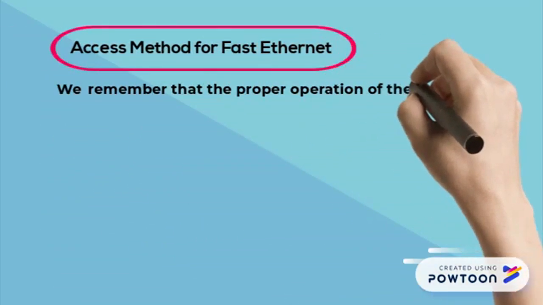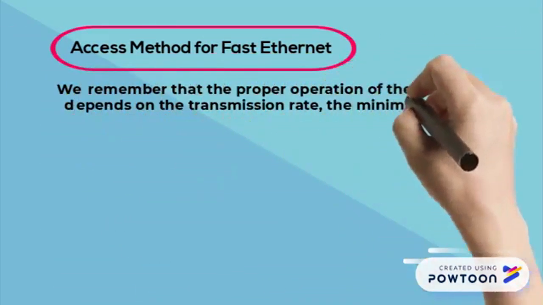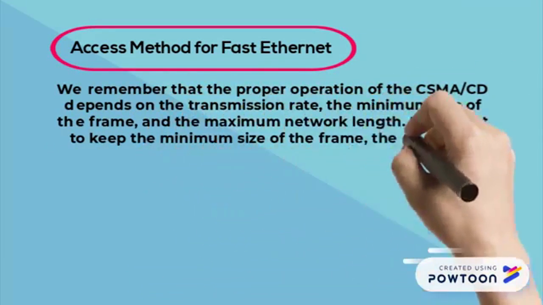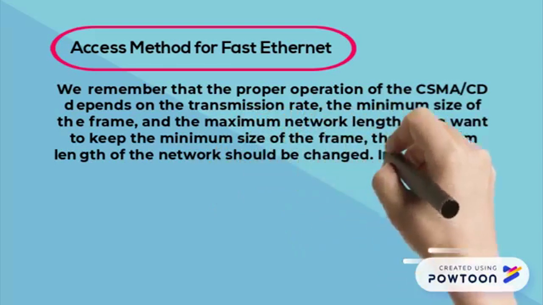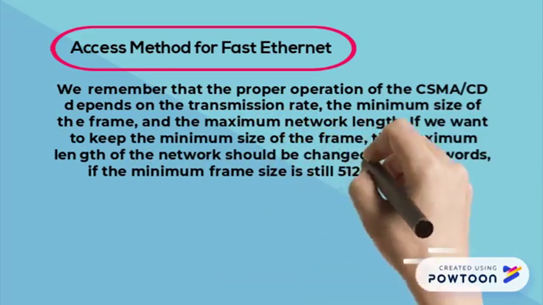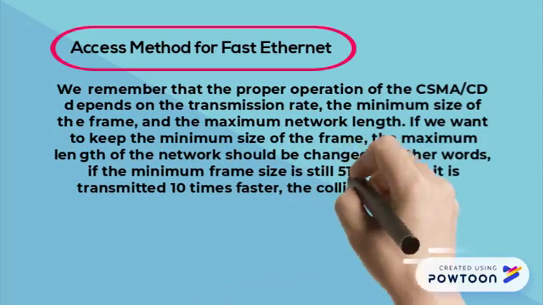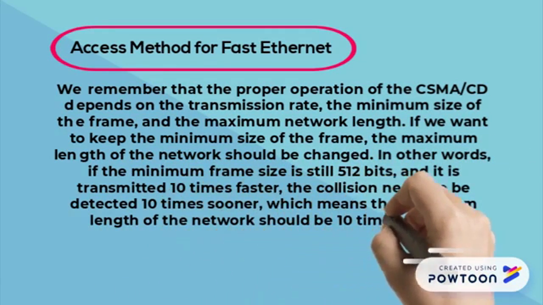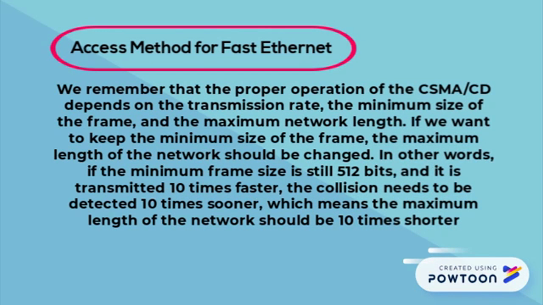Access method for Fast Ethernet. We remember that the proper operation of CSMA/CD depends on the transmission rate, the minimum size of the frame, and the maximum network length. If we want to keep the minimum size of the frame, the maximum length of the network should be changed.